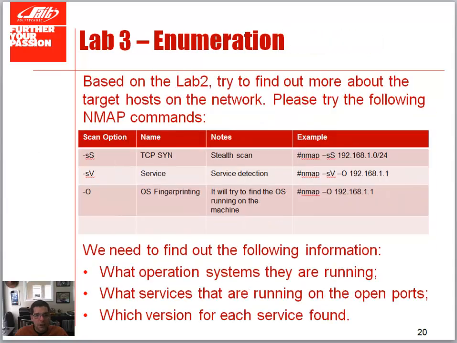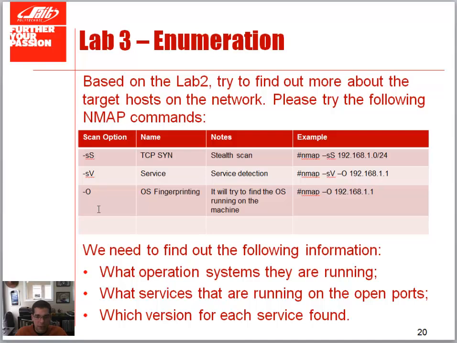Once you finish lab 2, I want you to do service enumeration. I want you to test -sV and see how many services are available, what kind of services, and the versions of those services.